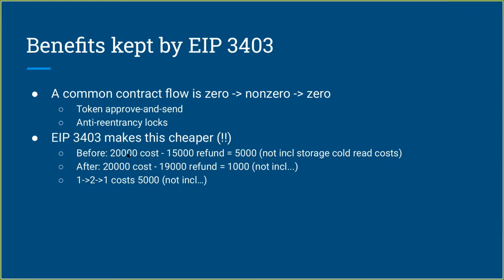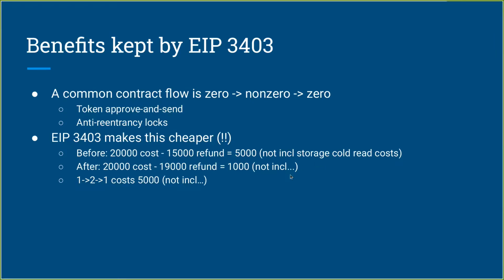After EIP-3403, it's a 20,000 cost and a 19,000 refund. Basically, we can safely increase the refund because the refund only applies in the case where you're resetting it back to the 0 that was there originally, and so you actually are canceling out the storage on disk. The total cost becomes 1,000, also not including storage reading costs.